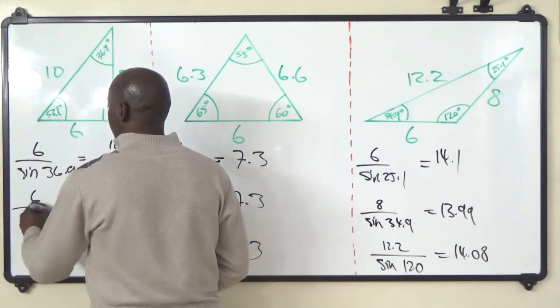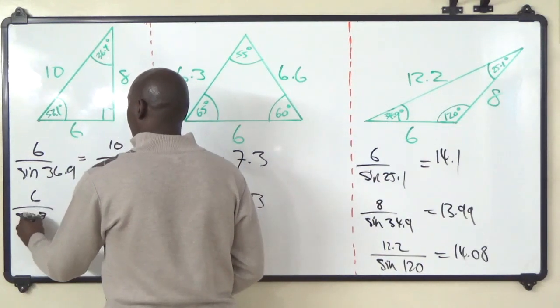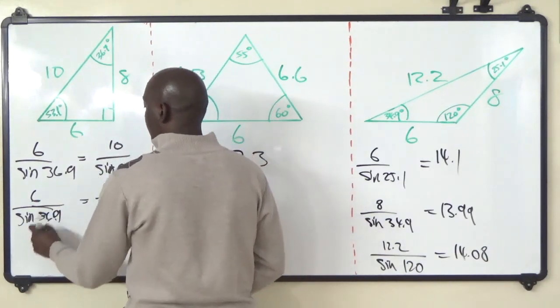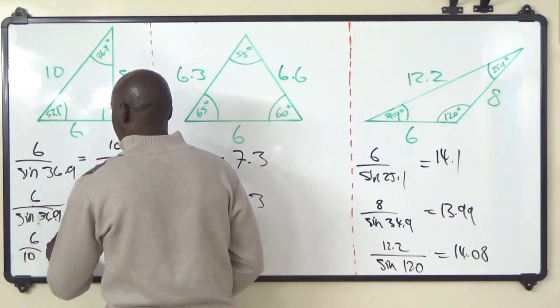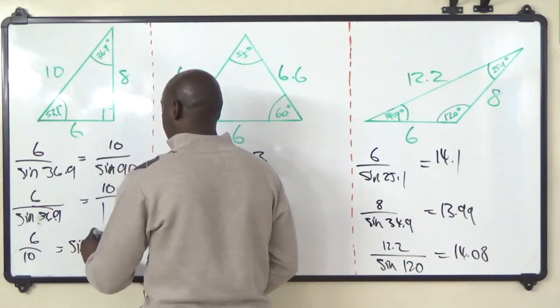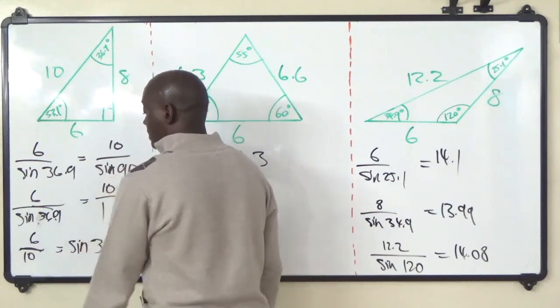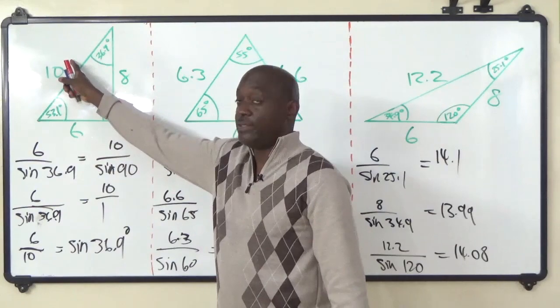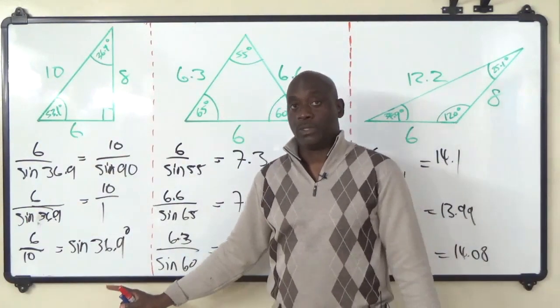So therefore, 6 over sine 36.9 is equal to 10 over 1. Therefore, 6 over 10 is equal to the sine of 36.9 degrees. Again, we're familiar with this. The sine of 36.9, opposite over hypotenuse, 6 over 10. That we already know.